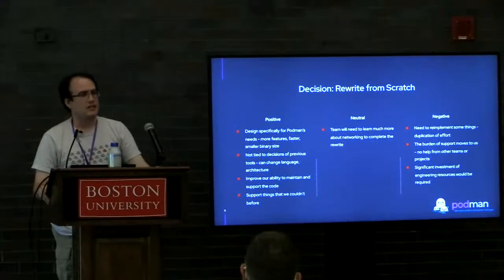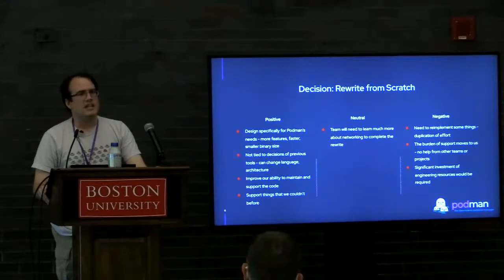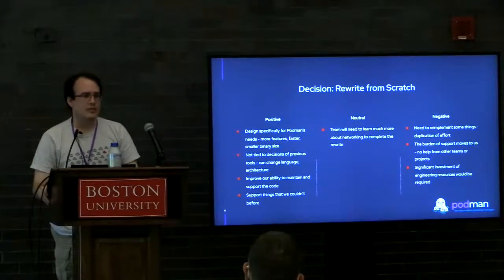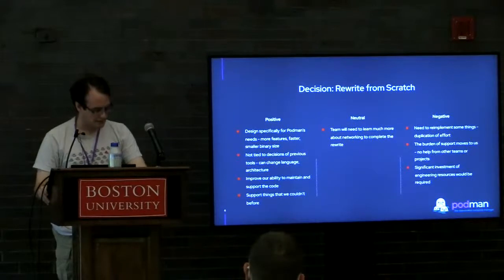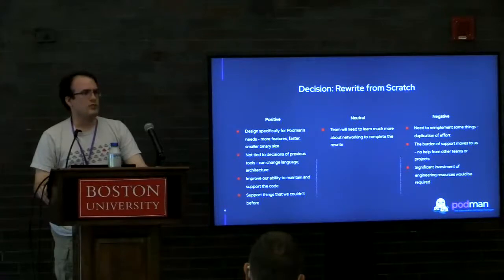Since then, the entire ecosystem has been written in Go largely for that reason. But this is an independent network tool. It doesn't seem like it has much to share with the rest of Podman, so we decided that Rust seemed nice. A lot of members of the team were excited about it, and it's also a better fit than Go for a low-level network tool like this.